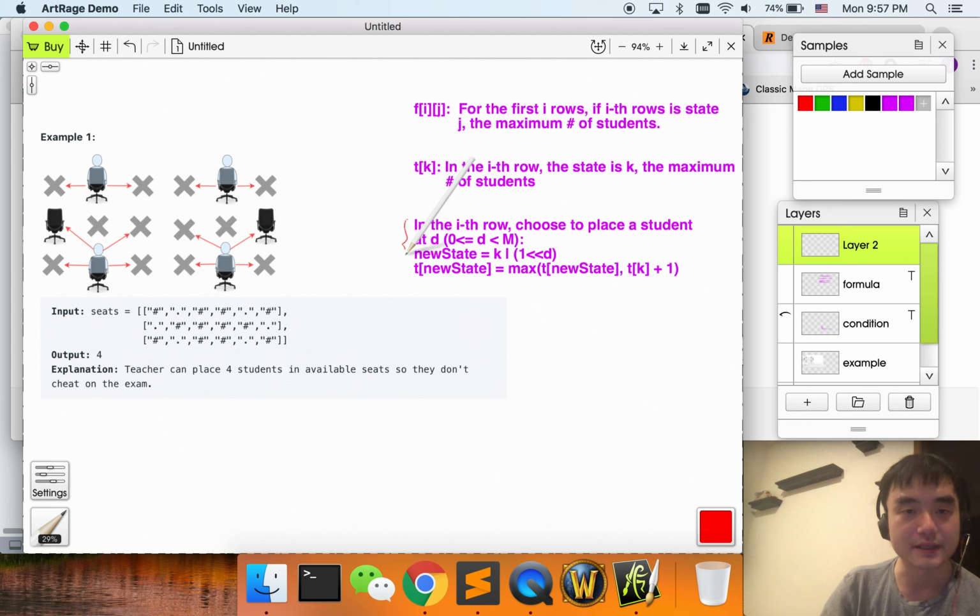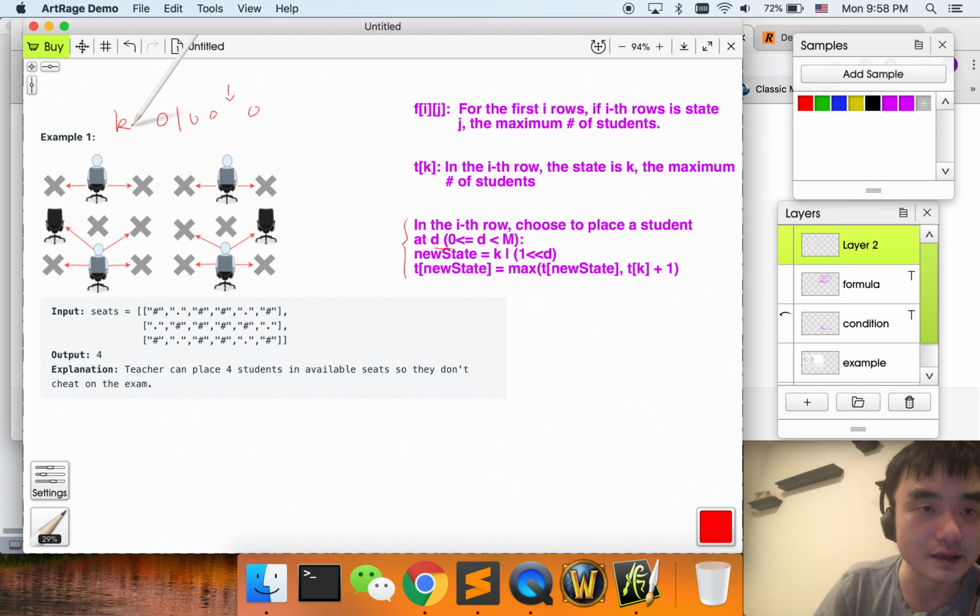So here is the detail of the transition between two states. So in the ith row, we choose to place a student at d. So in our example, we choose to place a student at d here, right? And this is the old state, right? And the new state is k OR'd with 1 moved left by d digits, right?